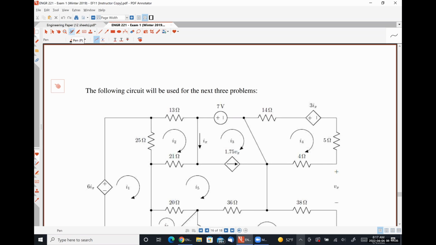So how I would approach this, and how I came up with the answer that's available on the test, is I said that Vx is going to be the voltage drop over the 4 ohm resistor with this polarity plus the voltage drop over the 38 ohm resistor with this polarity, from Kirchhoff's voltage law around this loop.